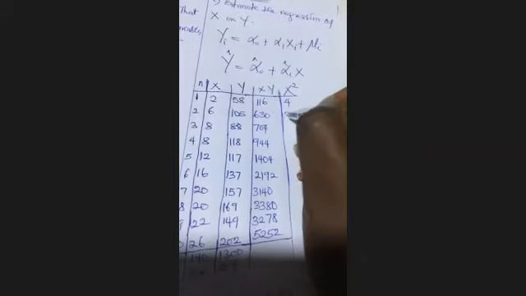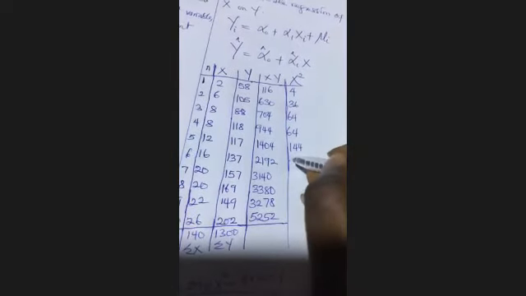While somebody's adding, let's go to X squared. X squared, this is 4. This is 36. This is 64.